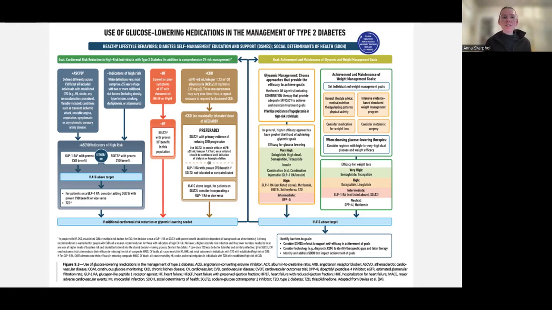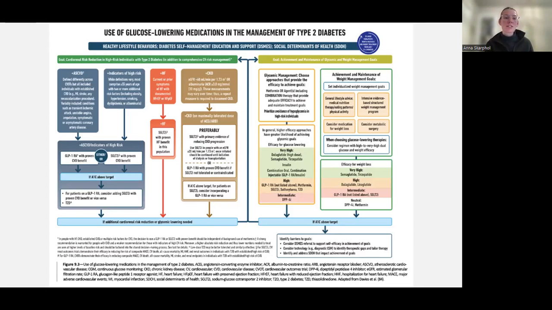And so if you look on the left side of the screen, we have different cardiovascular conditions. And so if our goal is risk reduction of cardiovascular conditions, we can follow those down. And a lot of the recommendations on that side are going to be putting a patient on a GLP-1 or an SGLT2.